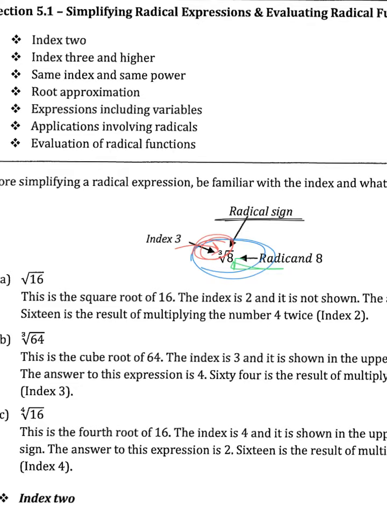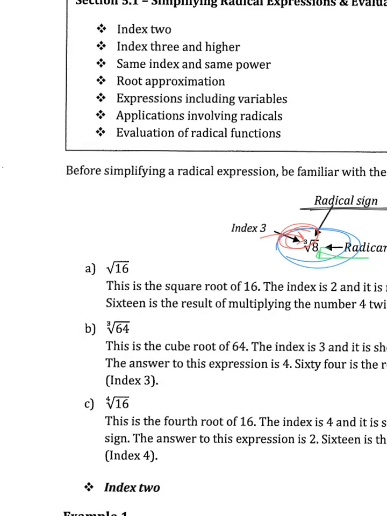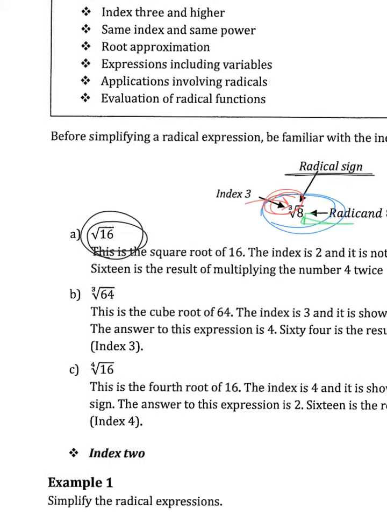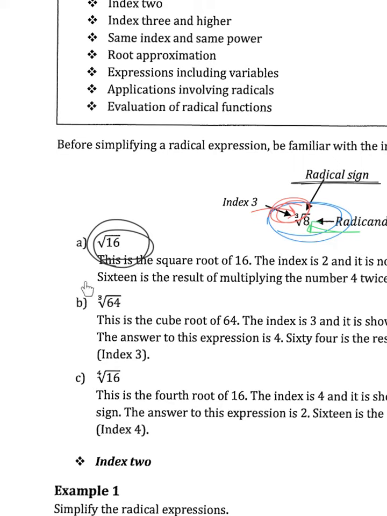If we look at these examples here, the square root of 16 is asking us for 2 factors that will multiply together to make 16, and of course that's 4. This one is asking us for the cubed root of 64, and I know this is a cube because of the index 3, or what number, when I use 3 of them together, multiplies to make 64, and that's 4.